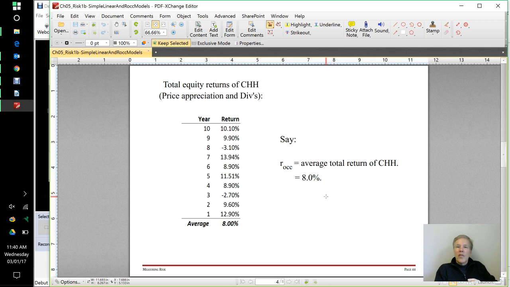If Clayton Homes was still publicly traded, if someone gave us a blob of money and we didn't know what to do with it, we could invest that money in shares of Clayton Homes and hopefully on average receive a return of 8%.